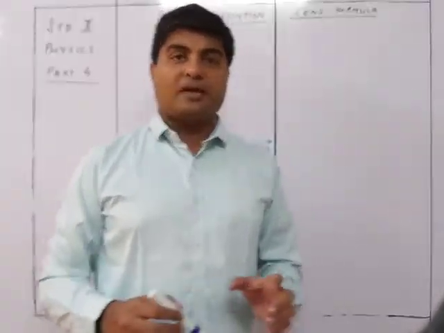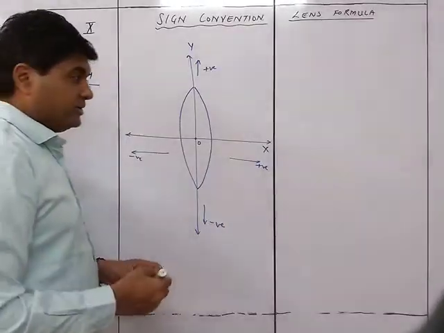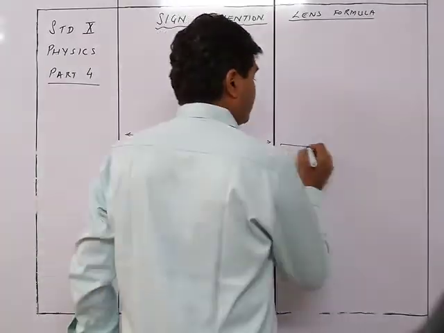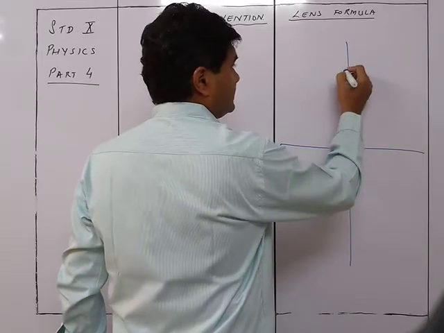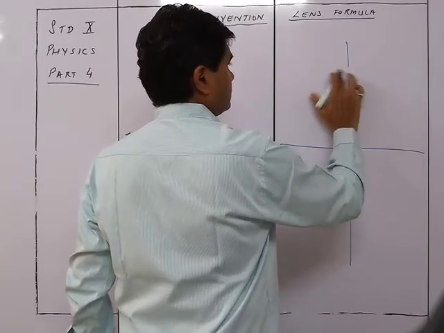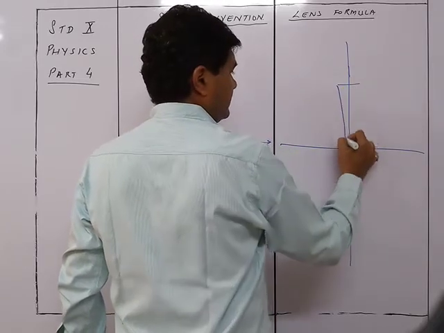So when you take the optical center of the lens as the point O, then we can find this. Similarly, we can have the same thing done for a concave lens. So this is a concave lens.